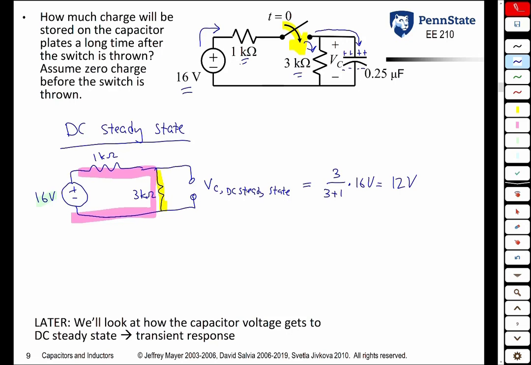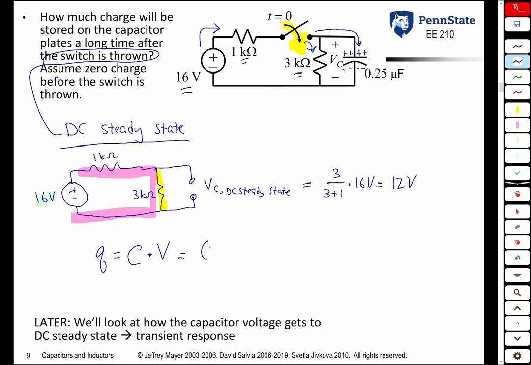That actually was not the question. The question was not what's the DC steady state voltage. The question is how much charge will be stored on the capacitor after a long time after the switch is thrown, or once we're in DC steady state. Well, we know that the charge on the two plates of the capacitor is equal to the capacitance times the voltage.